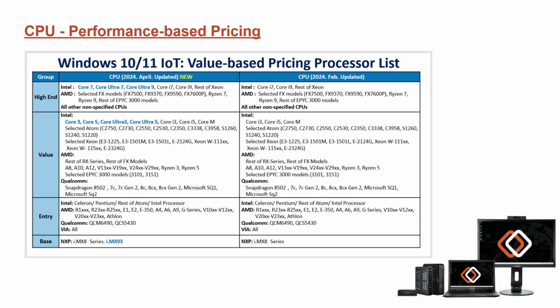Looking at the chart here, Windows Thin Clients that fall into the high-end CPU category would pay the premium price for a Windows 11 IoT Enterprise LTSC license per device, whereas any devices that sit comfortably inside the entry CPU category, such as all current Tenzig Windows Thin Clients, will benefit from a lower license cost per unit.